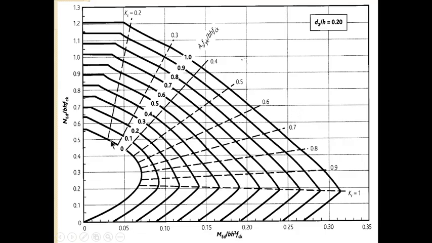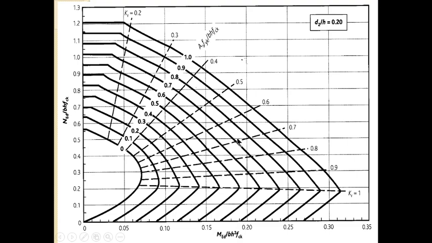Our value on the vertical axis is still 0.5. But on the horizontal axis it is now 0.18. This is 0.15, this is 0.16, 0.17, 0.18 is here. So we project the 0.18 to meet the 0.5.